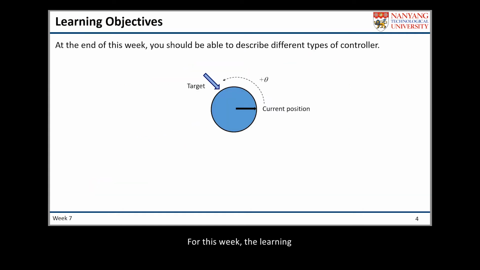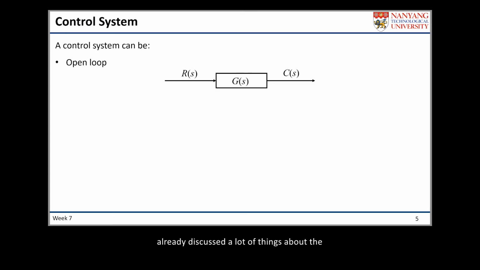For this week, the learning objective will be: at the end of this topic, you should be able to describe different types of controller that you are going to discuss more in part 2. We have already discussed a lot of things about systems in the previous few topics.